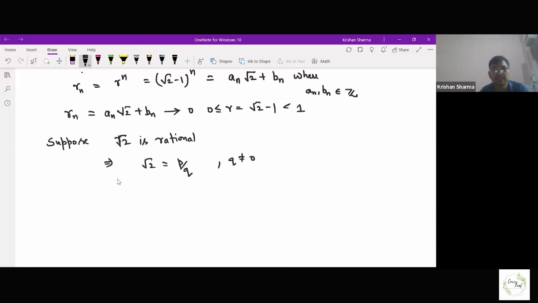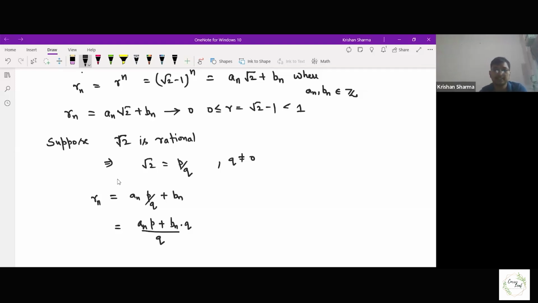So let us put that value here. What we will get is Rn is an p upon q plus bn. Now if you take the LCM, that is (an p plus bn q) upon q.